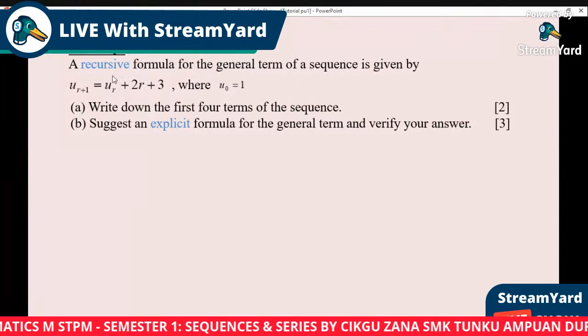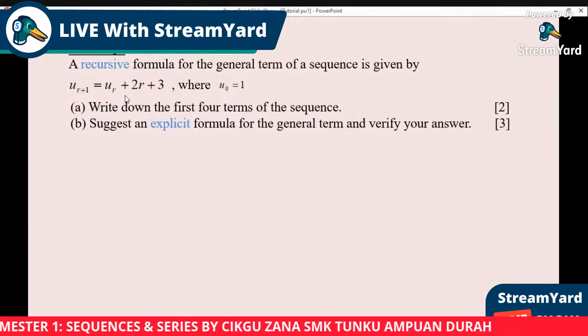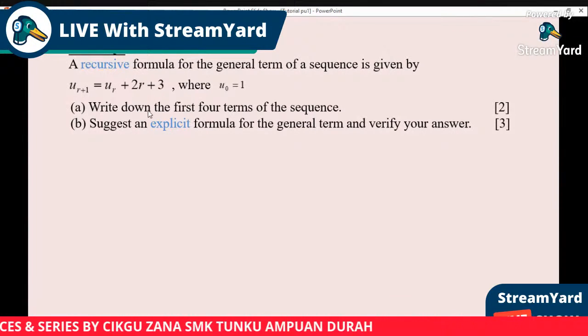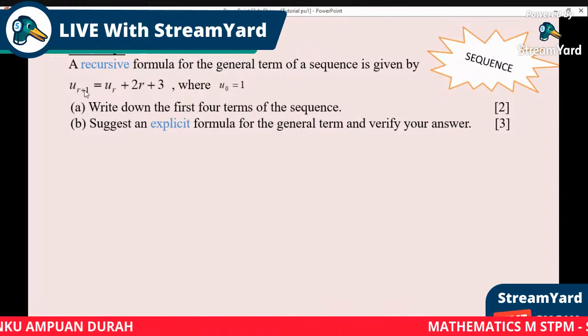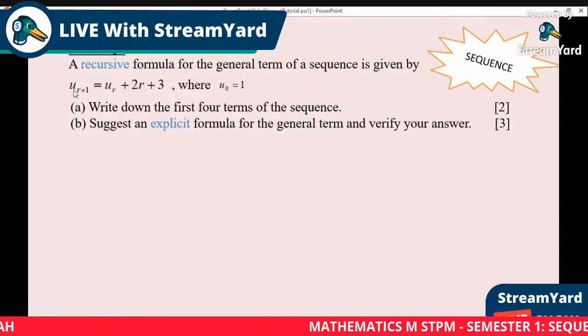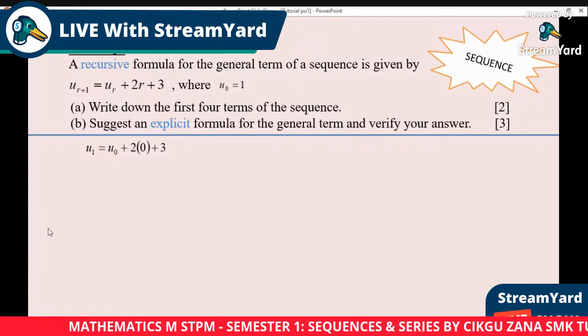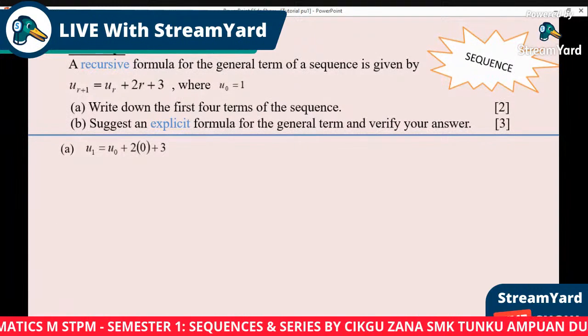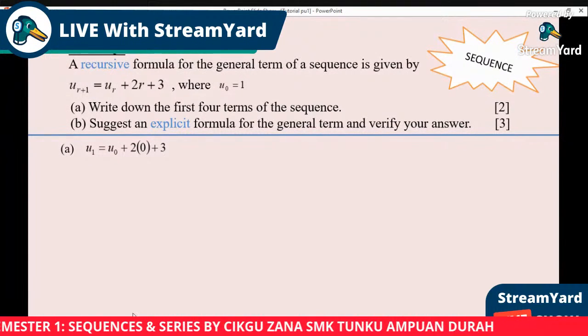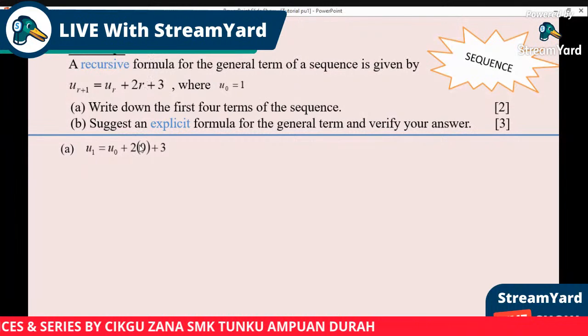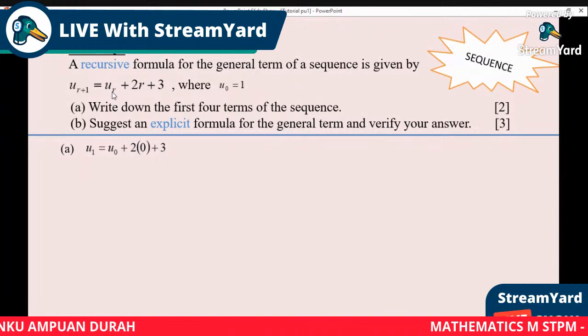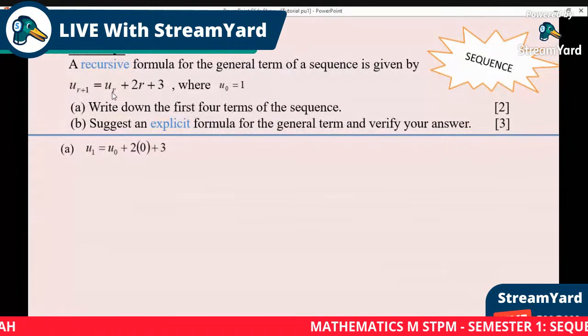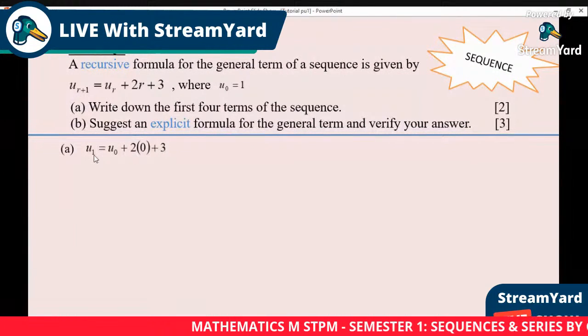Given here is a recursive formula. It's called recursive because it will recur again. For example, U0 is 1, it will recur again to be used in the formula.